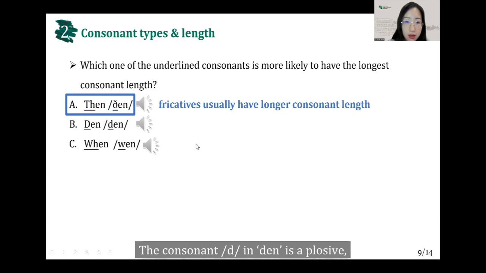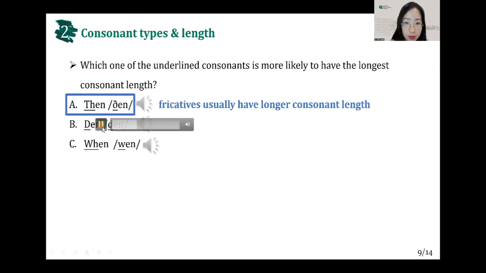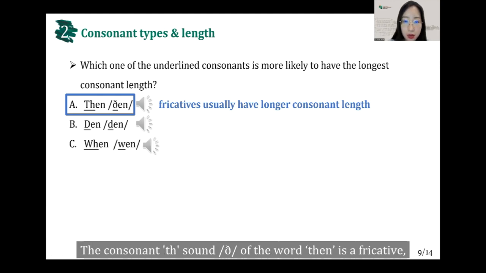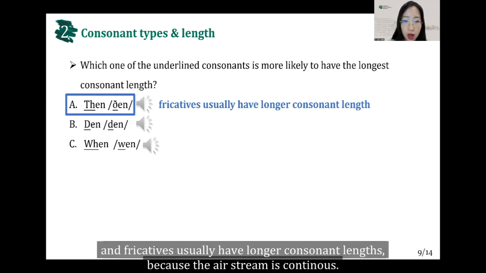The consonant d in den is a plosive. And the consonant of when is an approximant. The th sound of the word then is a fricative, and fricatives usually have longer consonant length because the airstream is continuous.